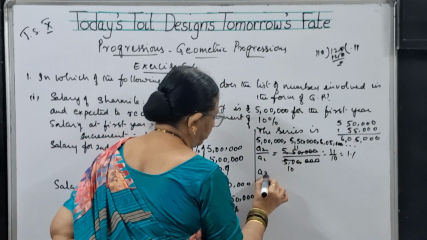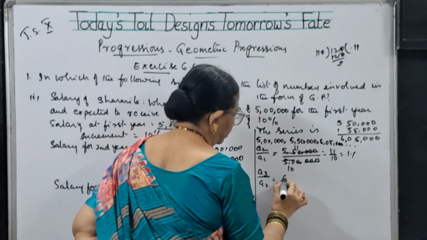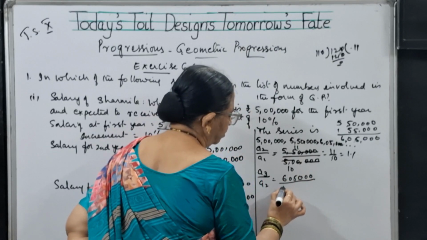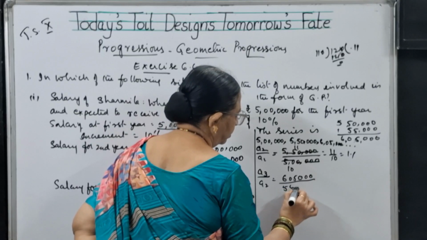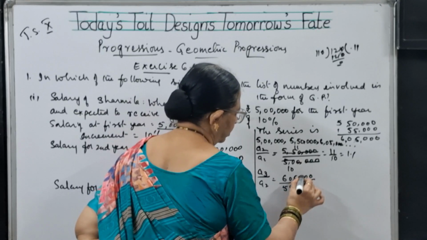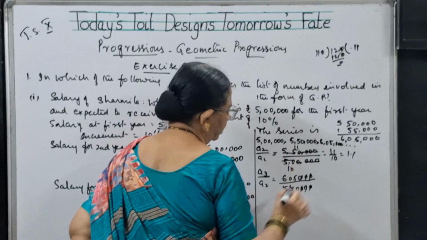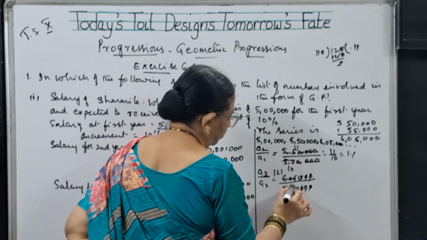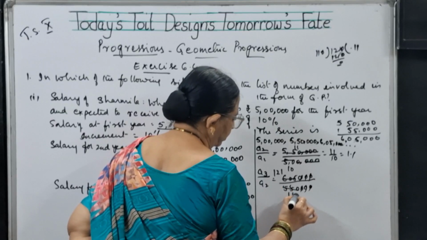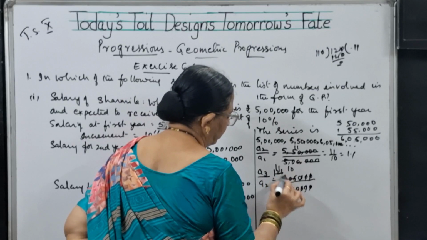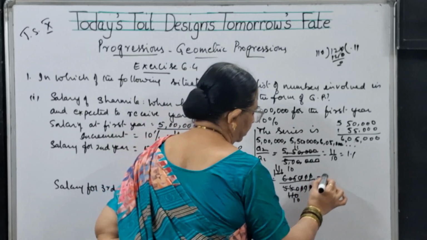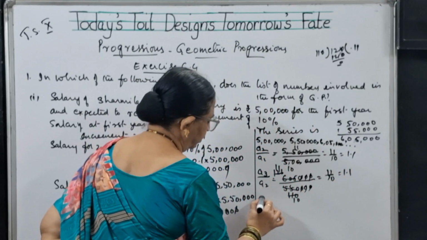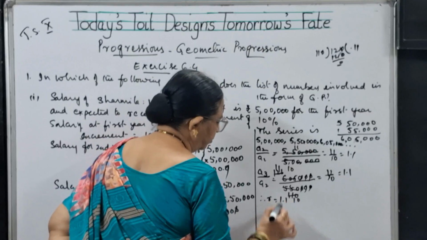Now A3 by A2 is 605,000 by 5,50,000. 3 zeros will get cancelled. 11 11s are 121, 11 10s are 110. So again I am getting 11 by 10, that is 1.1. Therefore, the common ratio is 1.1.